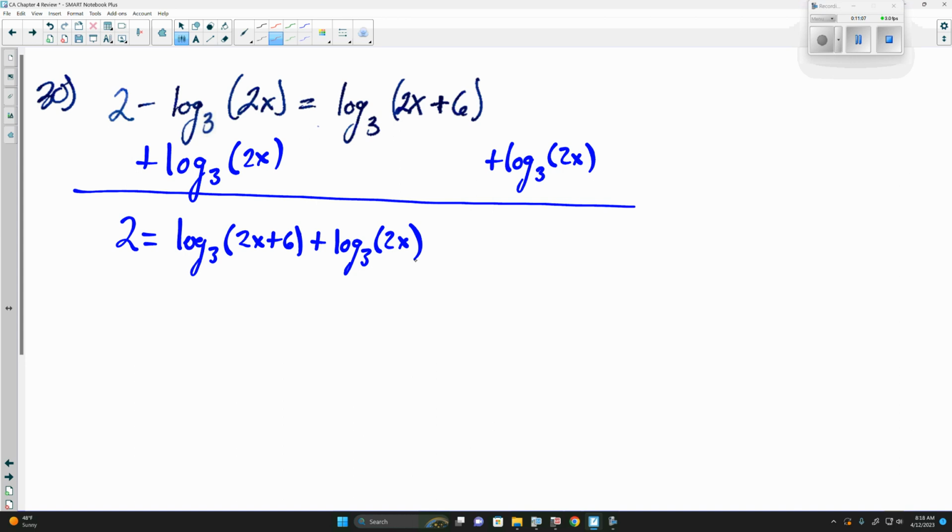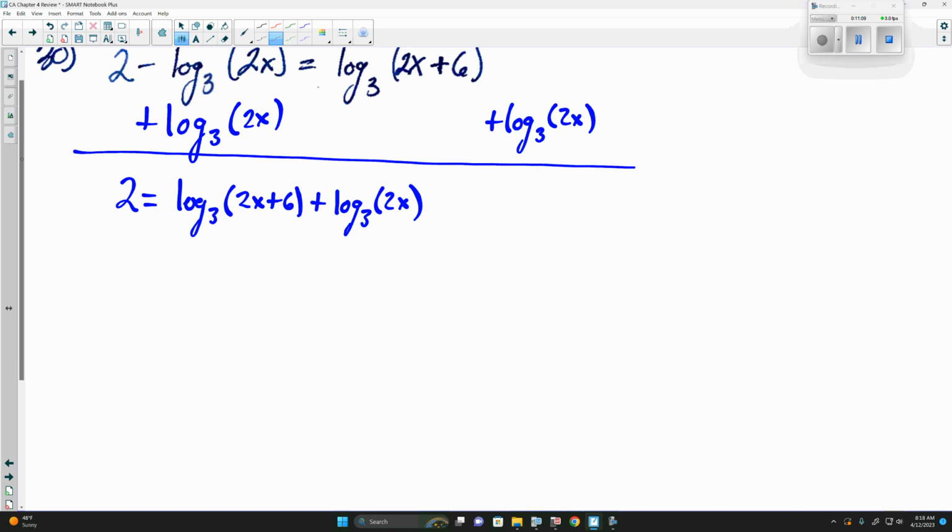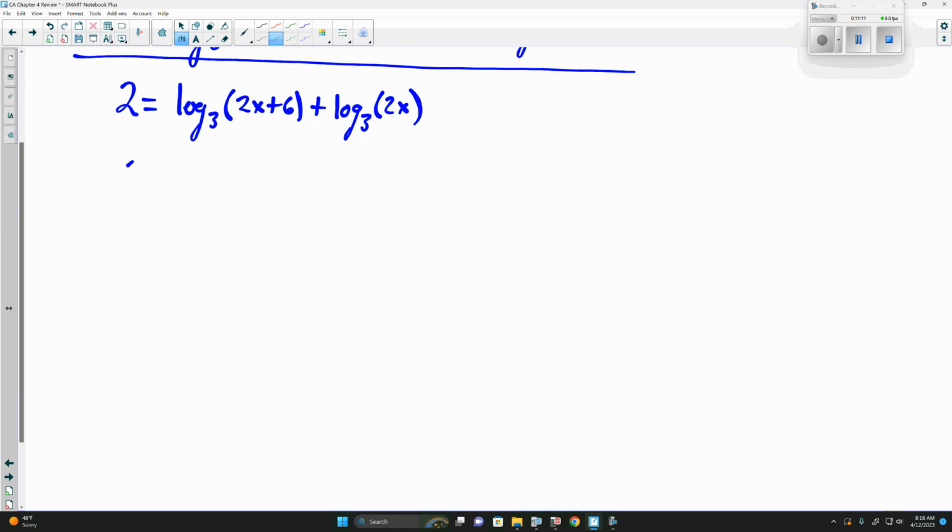And the reason we do this is because of our addition property of logarithms. If we have 2 logs with the same base being added together, we can rewrite it as multiplication of what's inside the logs.